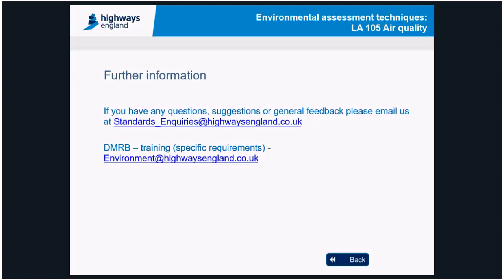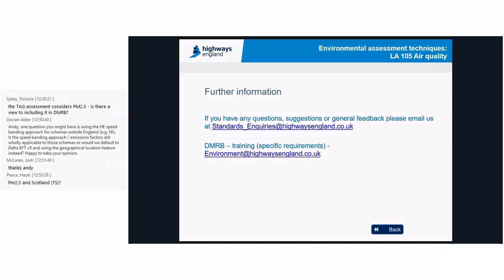The reason we haven't included it in DMRB is because when we look at PM 2.5 across the UK against the advice set out in the Air Quality Directive, we don't see any exceedances anywhere alongside the motorway network and trunk road network for either PM10 or PM 2.5. And at the last look at most AURN sites in the UK, the vast majority met the PM 2.5 threshold. But we'll have another look at that.